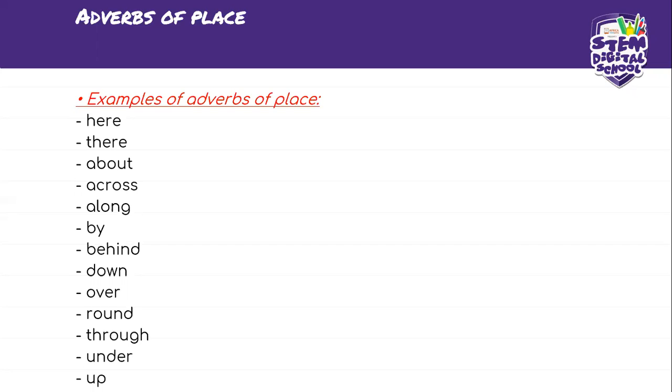That is what should be coming to mind. That is how it is. Those were the examples of the adverbs of place.